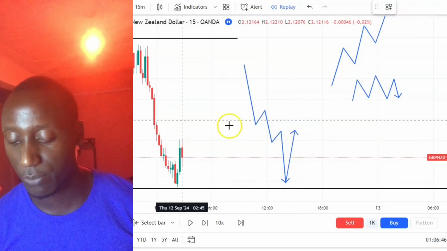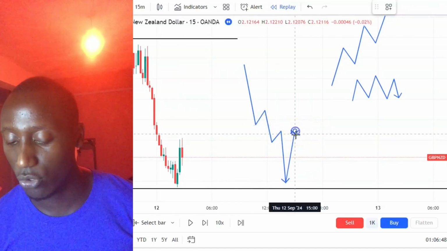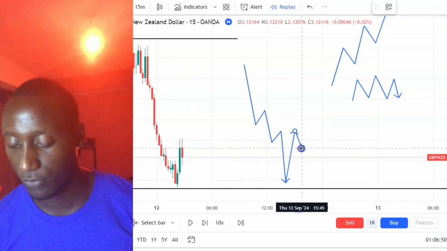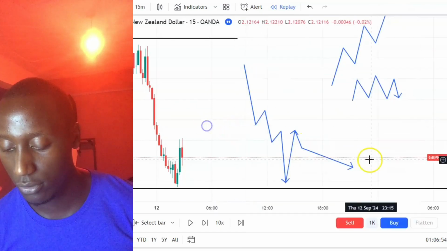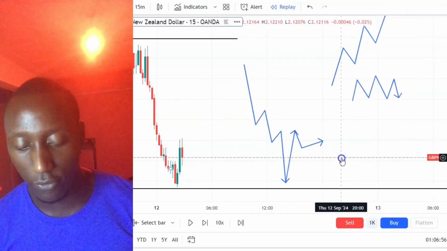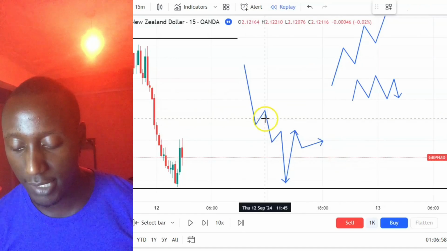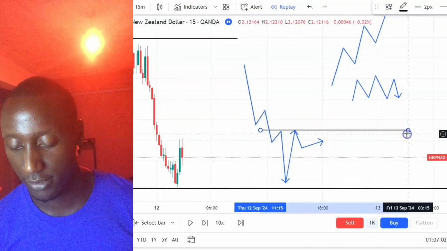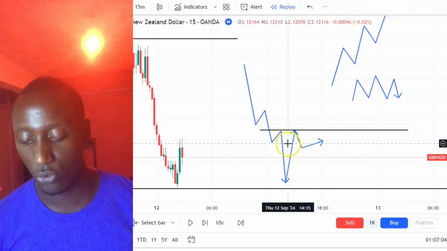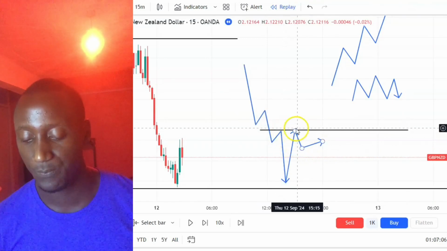So price does not break above that high, but continues in that direction. This is what we call a level. So the level is where price has touched a high or a low more than twice. Twice or more. So we have 1 touch, we have 2 touches.